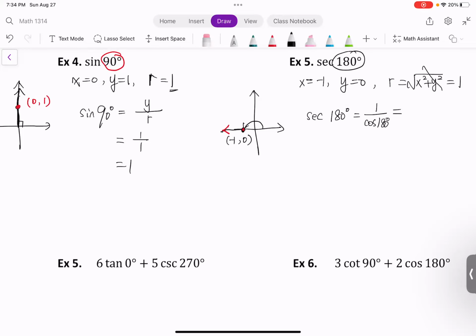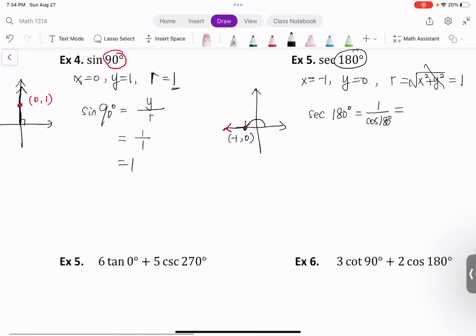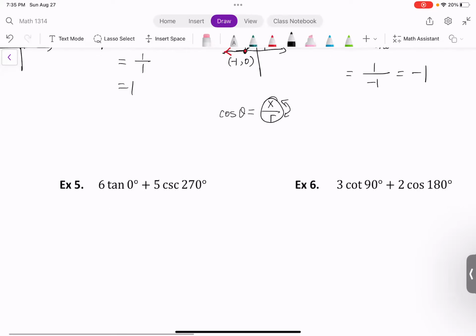And I remember really well that cosine of any angle equals x over r. Reciprocal means make it upside down, so I'm having r over x. What is r? R is 1 and x is -1. So I'm having -1. This is my solution. That's the second one, 180 degrees.